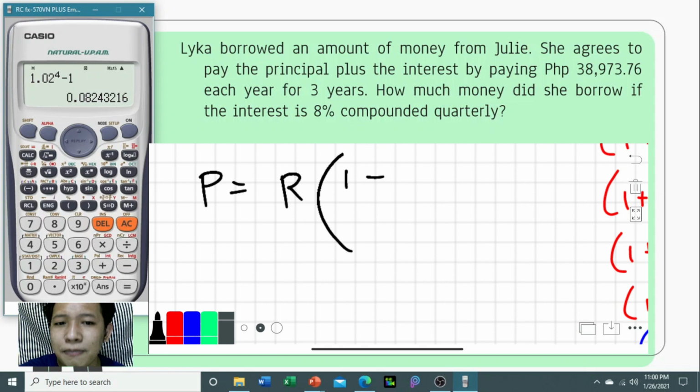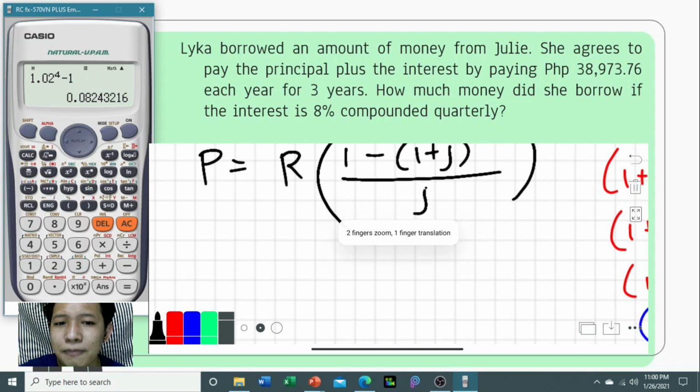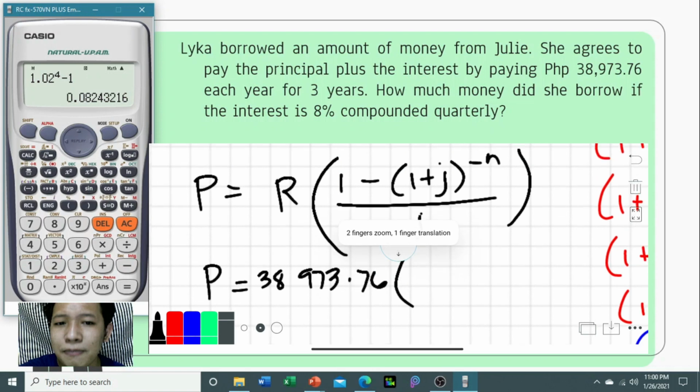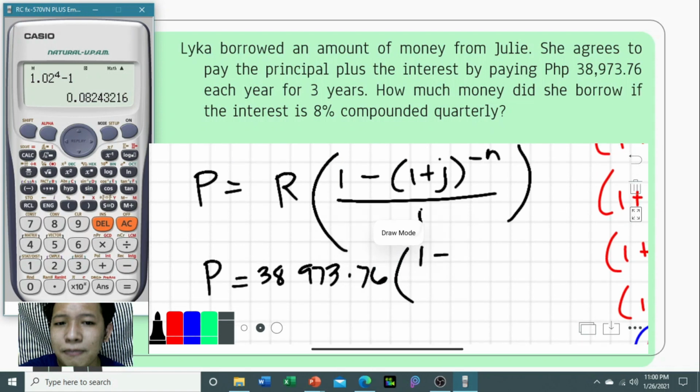So we have 1 minus (1 + j) raised to negative n, don't forget, over j. And then we plug in the values to our formula. So we have P equals, the periodic payment is 38,973.76 multiplied by 1 minus (1 + j).